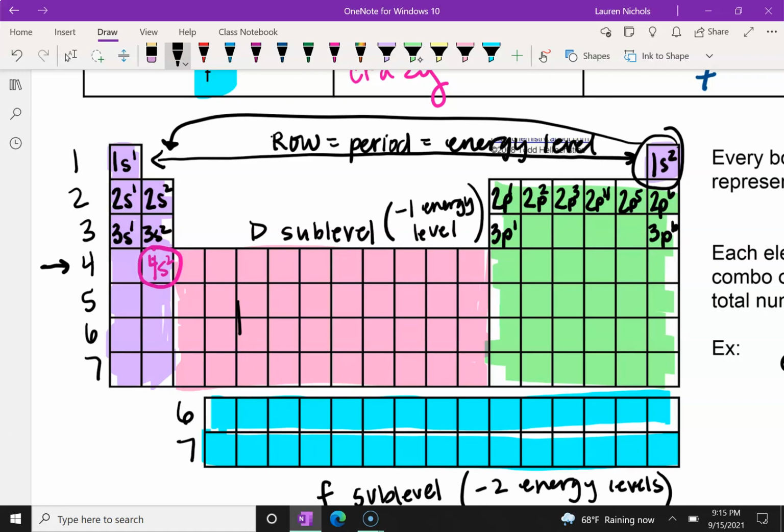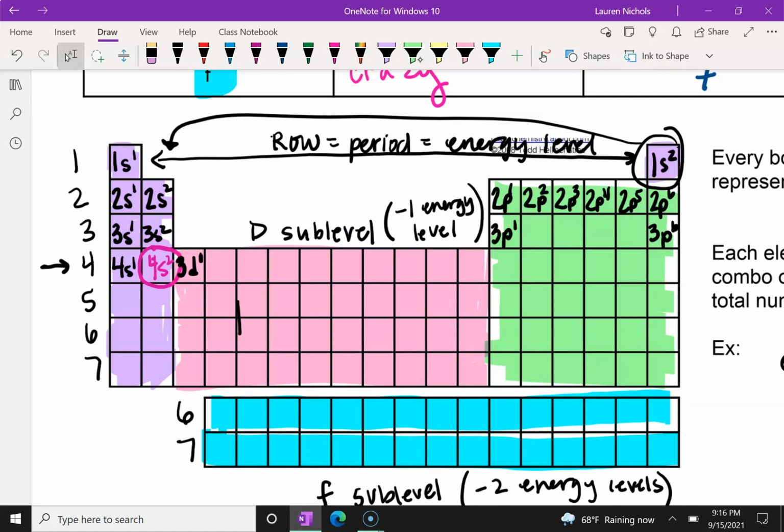But here, this is 4s1. Now, the problem is that for your D sublevel, we said you subtract 1 energy level. So when you get to this first pink box, this is actually going to be 3d1.